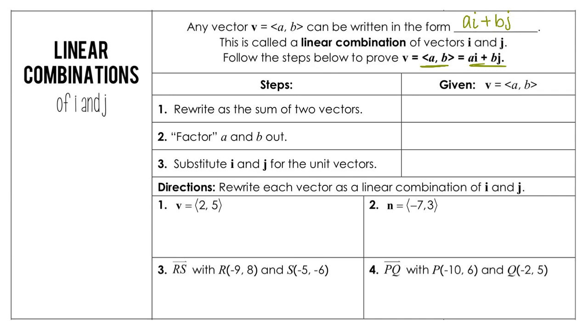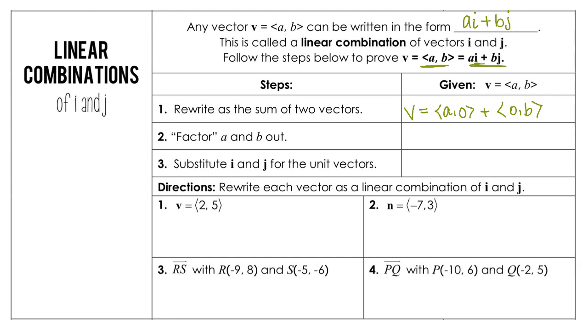So we're going to rewrite the i and j as the original vectors. So vector v is going to be <a, 0> plus <0, b>. Oh, nope, sorry, <0, b>. Got those swapped. Okay, and the next step is we're going to factor a and b out.